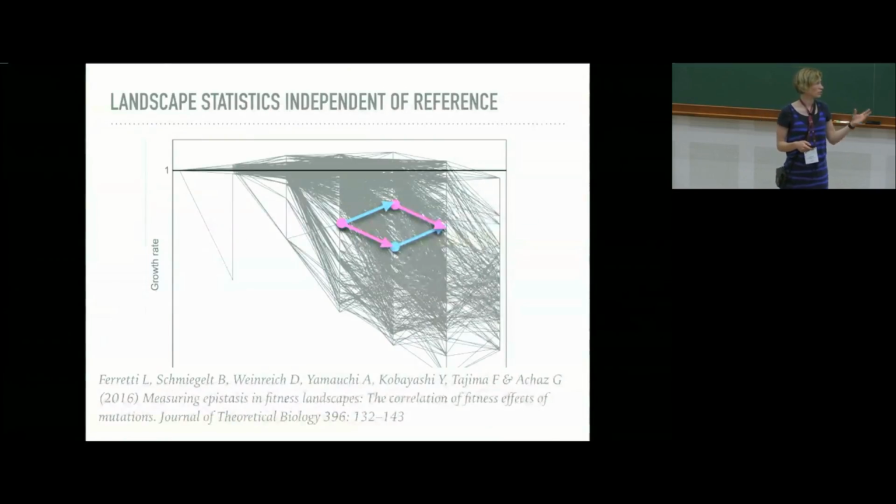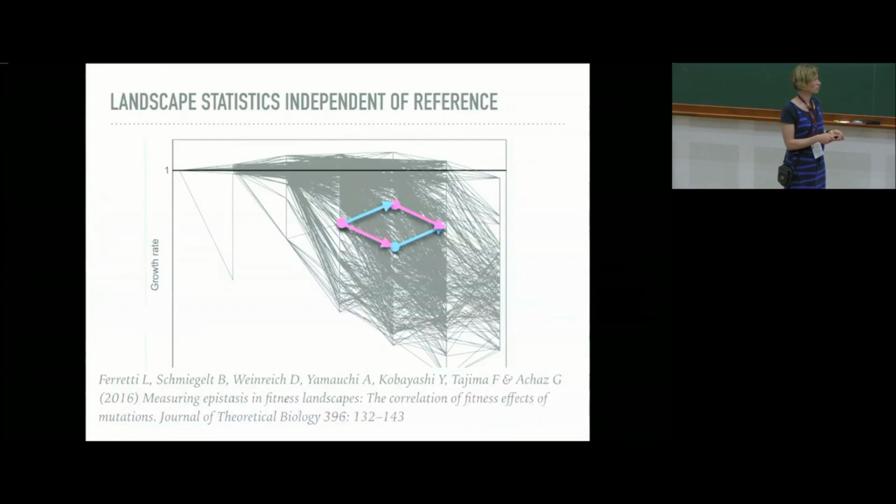And so we looked into this new measure of epistasis that was proposed in 2016, which is not based on any reference type, but it's based on the correlation of fitness effects across different genetic backgrounds.